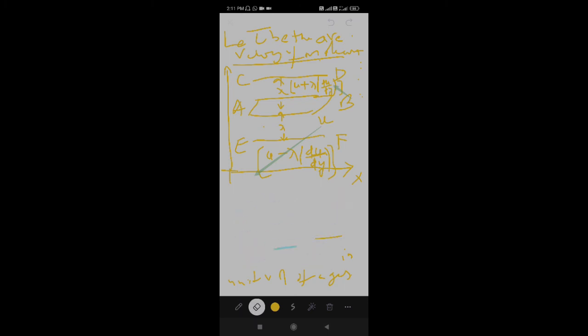Consider any one axis. Say, for example, you take the y-axis. How many molecules are moving along the y-axis? N by 3, that is 1/3. In this n by 3, half, which is n by 6 molecules, may be moving up, and n by 6 molecules may be moving down.